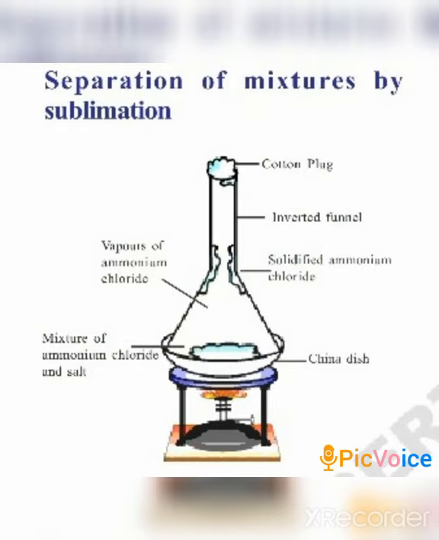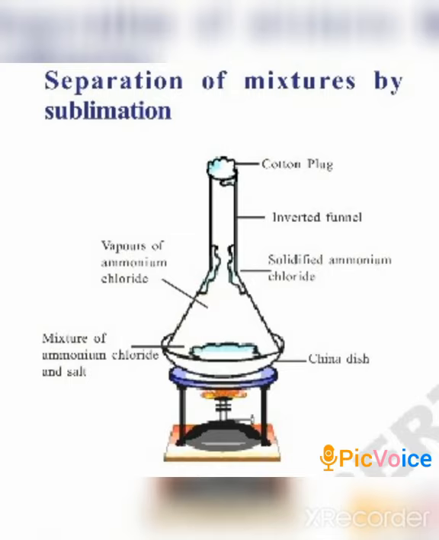It should be big enough to cover the dish. Cover the mouth of the glass funnel with cotton, invert the funnel and keep it over the dish. Remember that there should not be much space or gaps between the dish and the funnel.